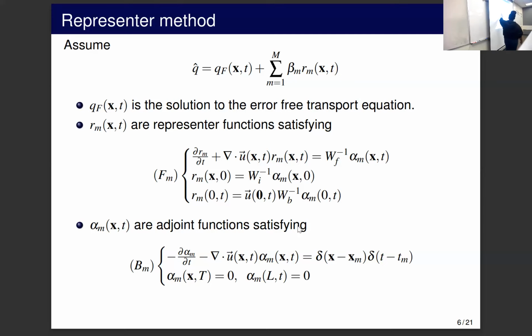But as you can see, to solve this system, we need alpha L, which is the corresponding adjoint function. To obtain the adjoint functions, we solve the second system backward in time and space.